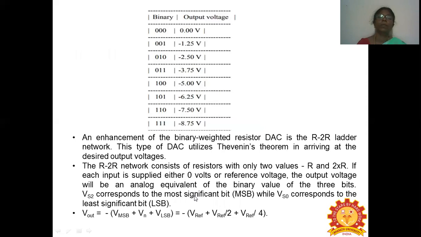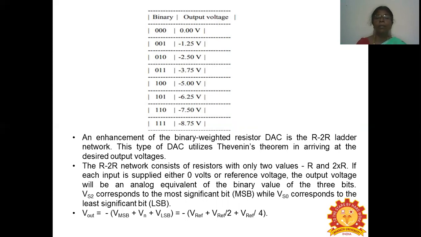This method is an enhancement of the binary weighted resistor digital to analog converter: the R to 2R ladder network. This type of digital to analog converter utilizes Thevenin's theorem in arriving at the desired output voltages.